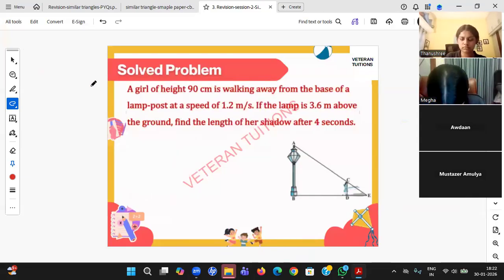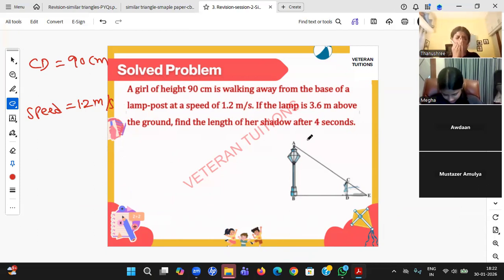A girl's height is 90 centimeters. The girl is here, CD is 90 centimeters. She is walking on the base of the lamp post. He has given the speed of the girl as 1.2 meter per second, and the lamp height AB, student, is given as 3.6 meters. Again, there's a clash.